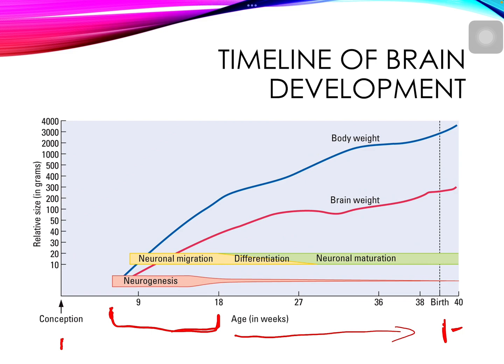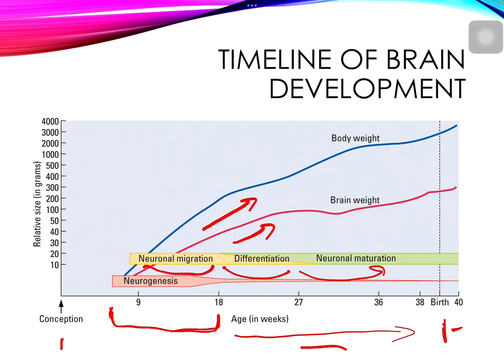And then here you can see that during this process, of course, we have migration and differentiation, and then we see these neurons maturing into more specialized cells, into what they are going to be. And then, of course, you can see a really nice graph of the body weight and brain weight correlation to that as, in this case, later on, the fetus is developing.